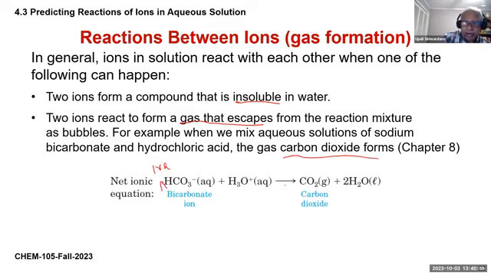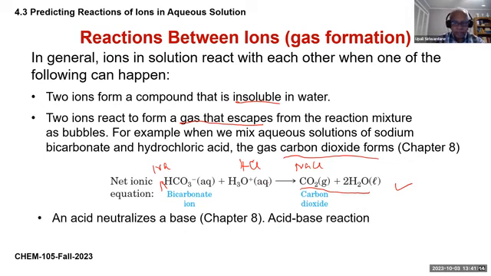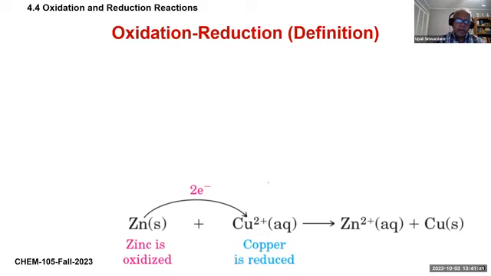Sodium ion is there, and HCl, hydrogen, so it produces carbon dioxide gas. Sodium chloride is formed, but that is removed in the net ionic equation. So this is an example of a gas formation reaction. Sodium bicarbonate reacts with acid to produce gas. We're going to talk about acids and bases in detail in chapter 8. Now we have finished the precipitation reaction. We mainly talked about precipitation reactions, acid-base reactions, and gas formation reactions.